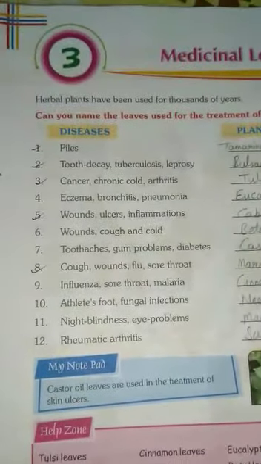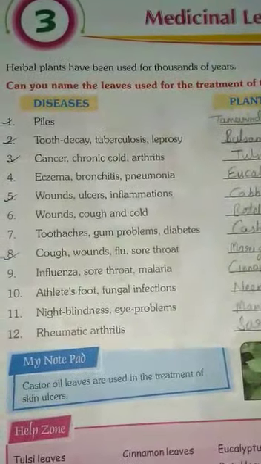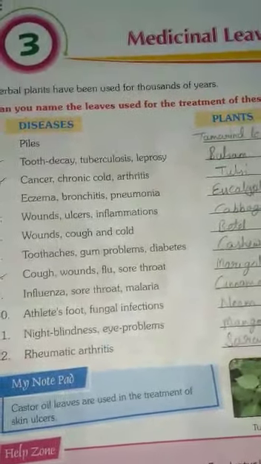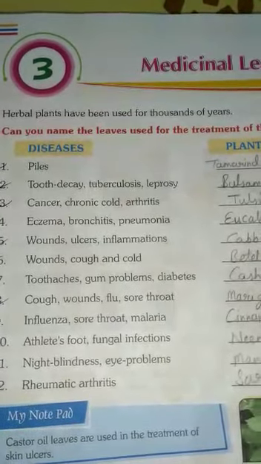Now the third lesson is medicinal leaves. In this chapter, you will see that herbal plants means jadi bootiyan. Herbal plants have been used for thousands of years. And in this chapter, there are diseases, and you have to write the plant.